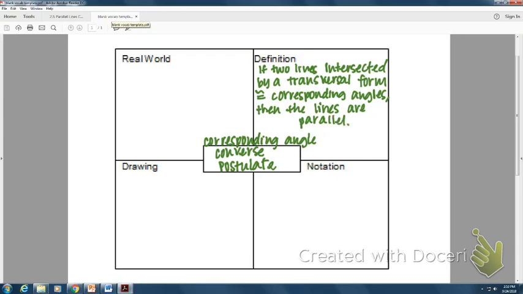Okay, if 2 lines intersected by a transversal form congruent corresponding angles, then the lines are parallel.